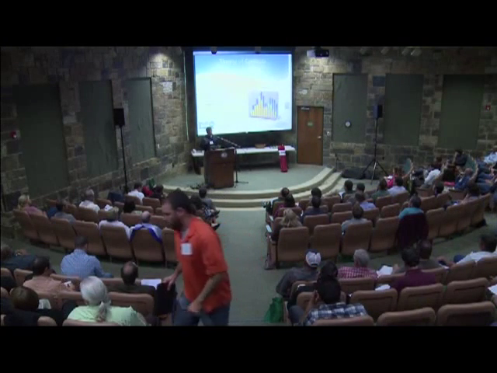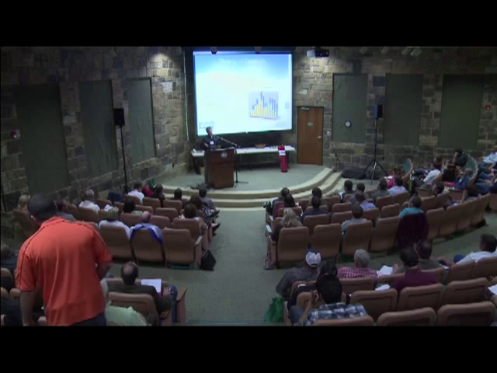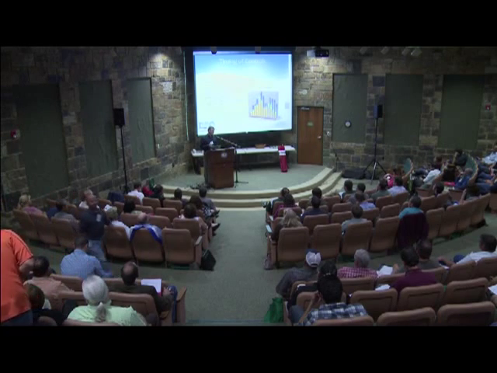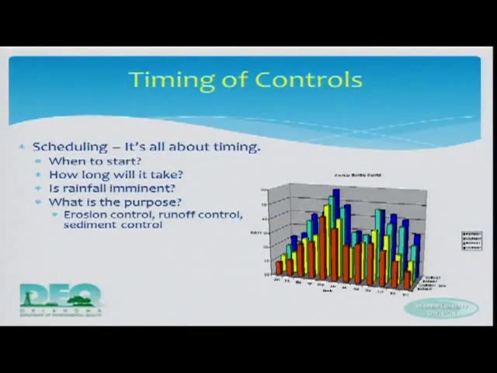And then scheduling. Our average heavy rainfall times are in the spring and the fall. Everybody knows that. But with the drought that we've been going through, you kind of take it for granted that you're going to be able to get all the work you need to get done without any rainfall causing you problems. But from time to time, you'll hit an extended period of rainfall that gives you fits.